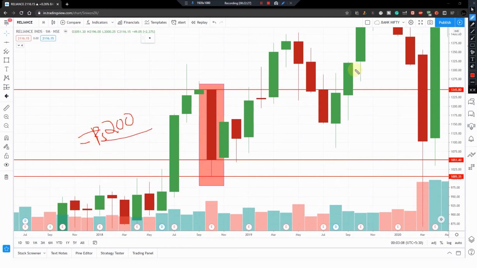And here there was an increase of plus 200 in the month of July, and in the month of October, a minus 200 rupees decrease per share. So that's how a bullish candle or a bearish candle anatomy works in the chart.